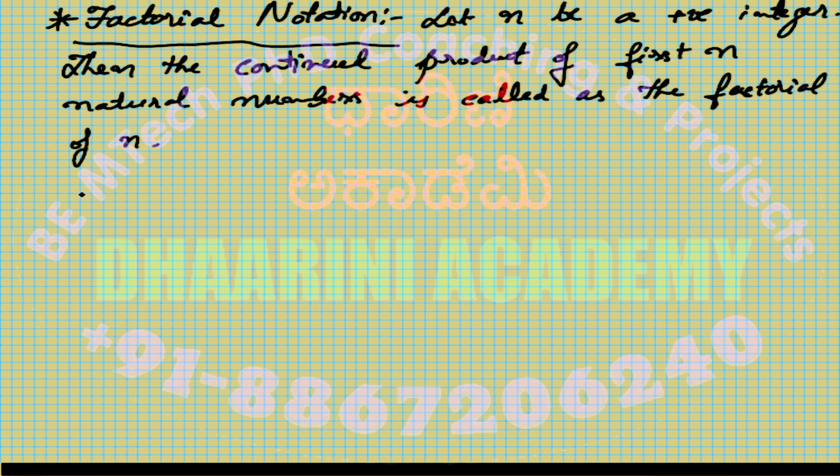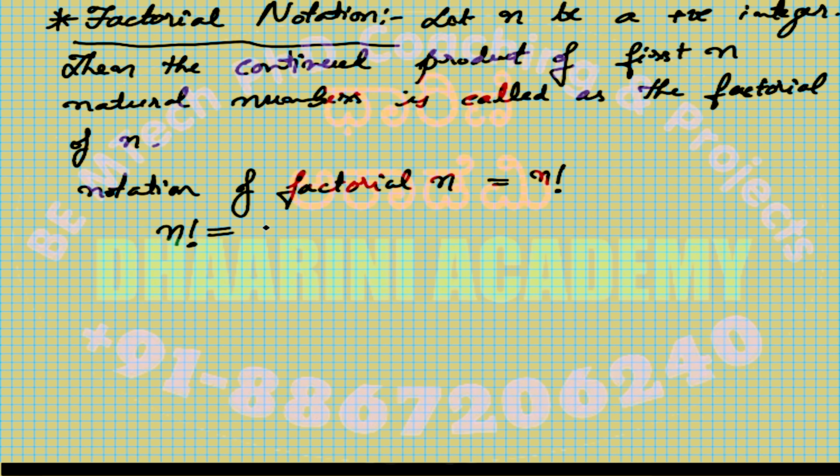Okay, so notation. Factorial n is written with the symbol n!. This is called n factorial. When I write n factorial, the meaning is n into n minus 1 into n minus 2, a product all the way till 1.